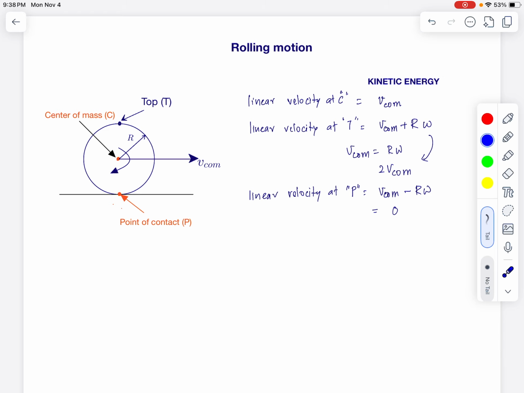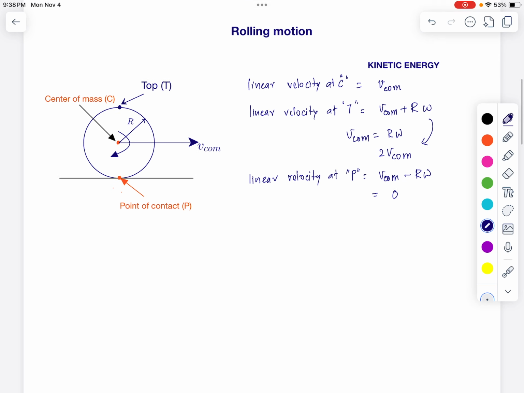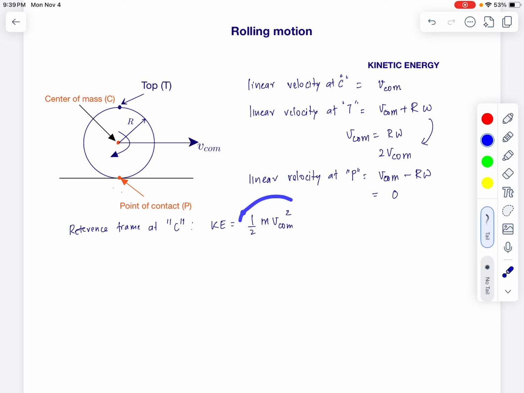Now if we look at the reference frame at point C, we place our reference frame here and we want to find our total kinetic energy. The total kinetic energy here equals half m v center of mass square, that is the kinetic energy of linear motion.